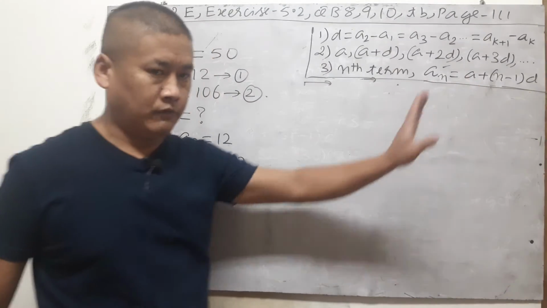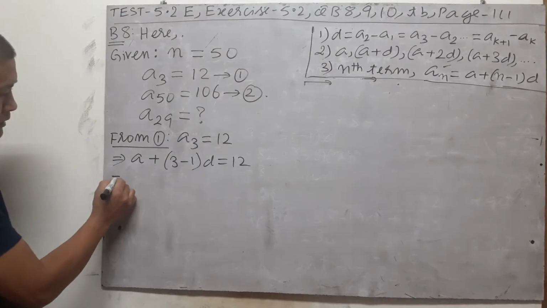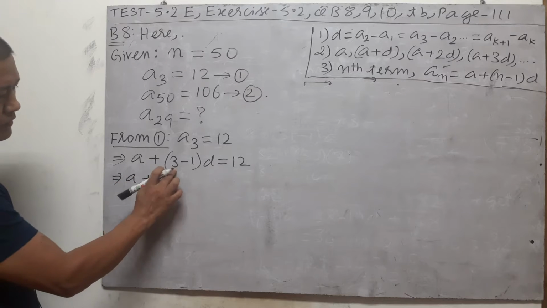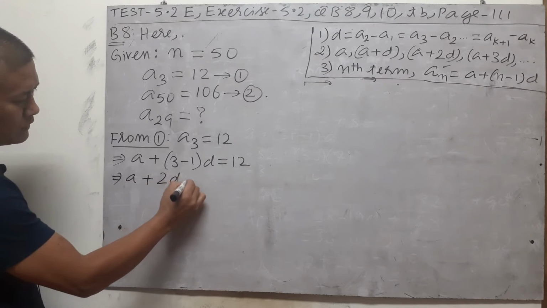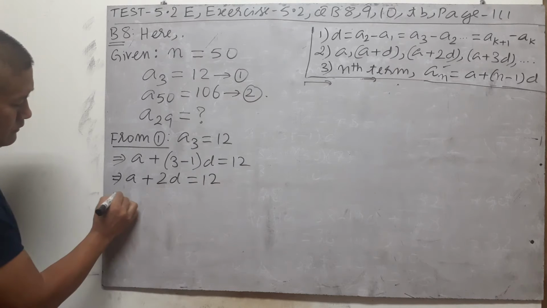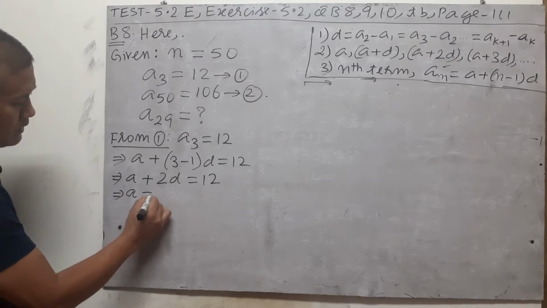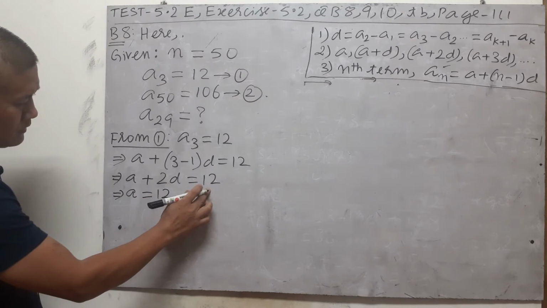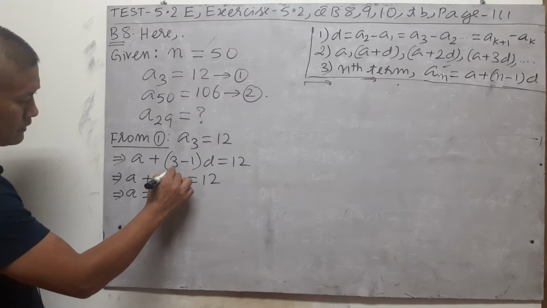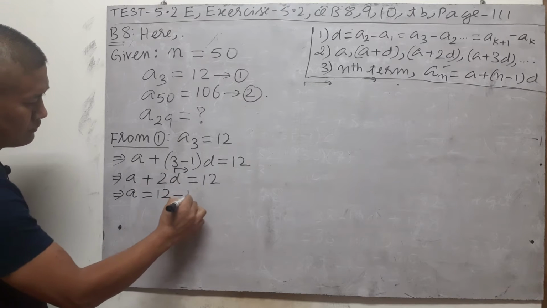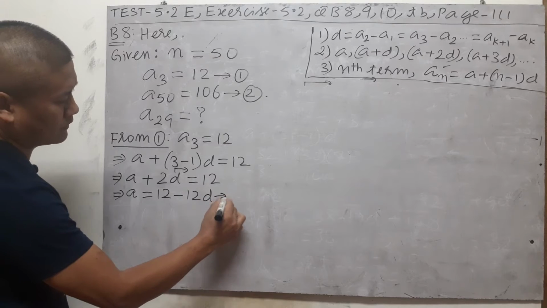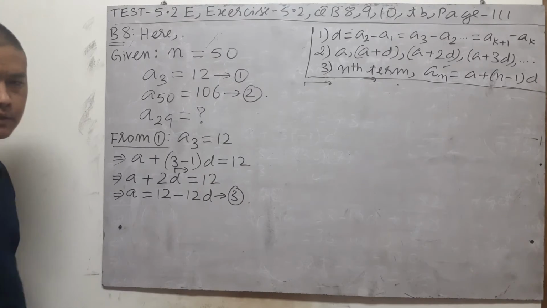We're using this formula, right? So here that gives you A plus 3 minus 1 is 2, so 2D will be 12. So A can be written as 12, and if you shift this plus 2D to the right side, minus 12D. Let us keep this one as equation 3.